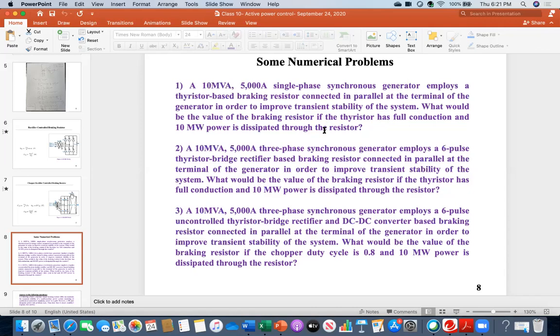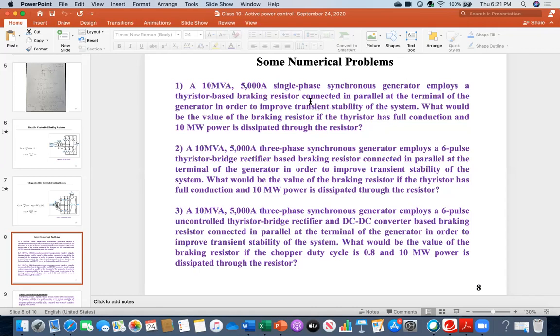So everybody, can you guess which equation to use? The last one, because that has the full conduction. I think thyristor controller, page number 4. But what else?